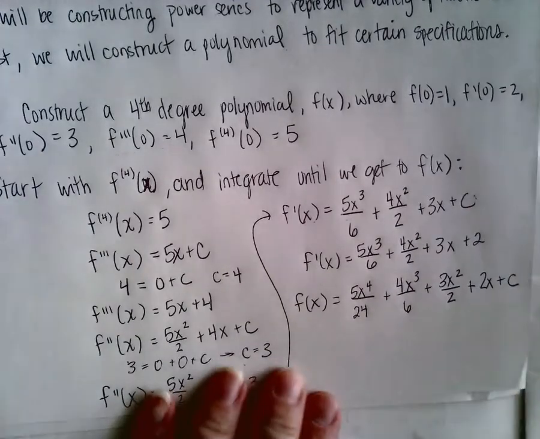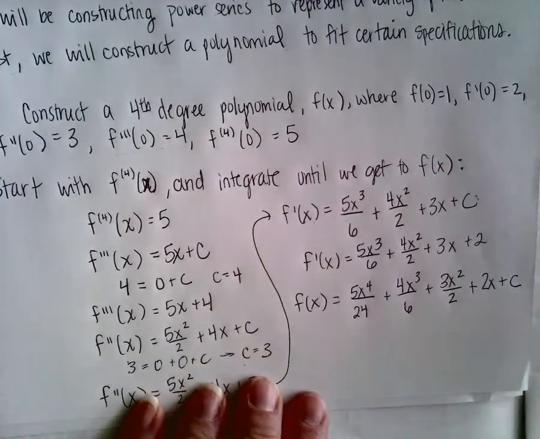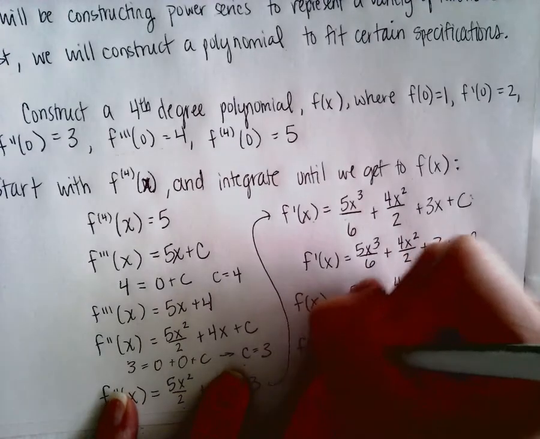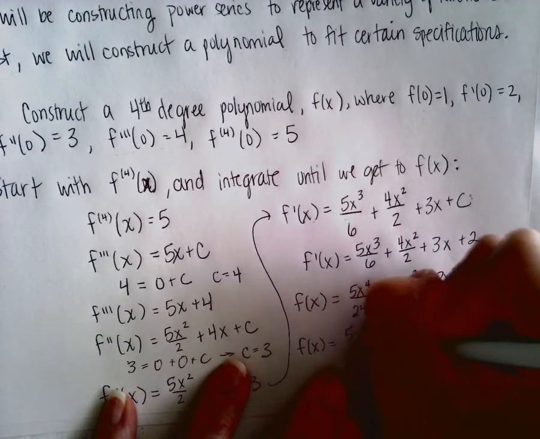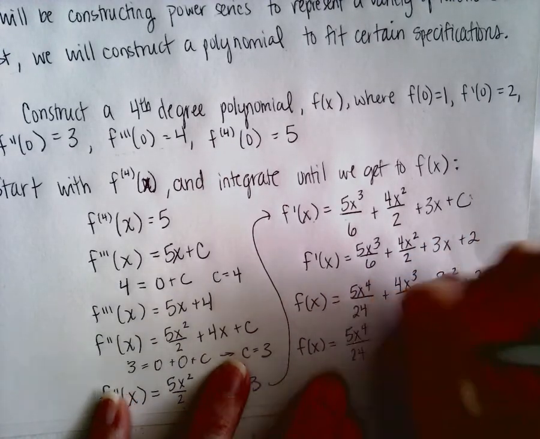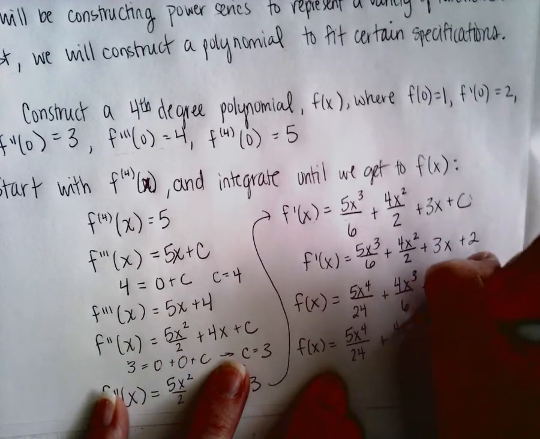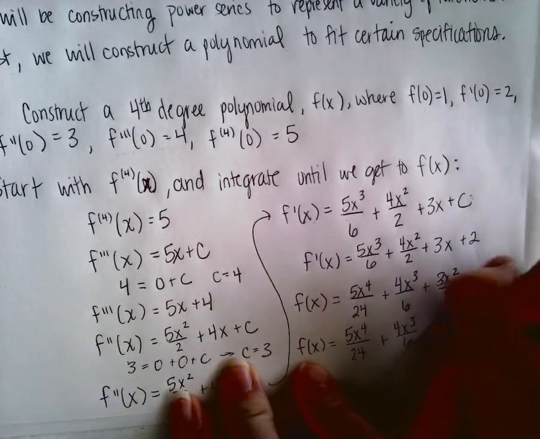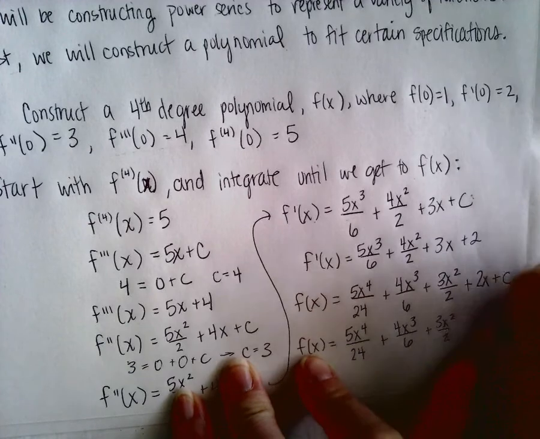And now we use f of 0 equals 1 to find c, so c equals 1. So f of x is 5x to the 4th over 24 plus 4x cubed over 6 plus 3x squared over 2 plus 2x plus 1.